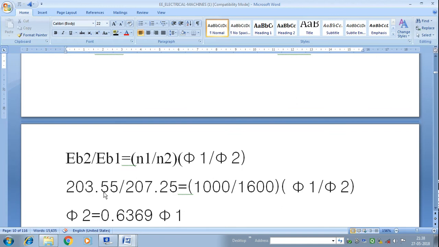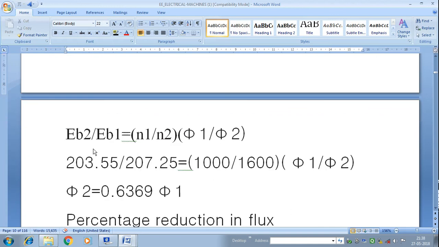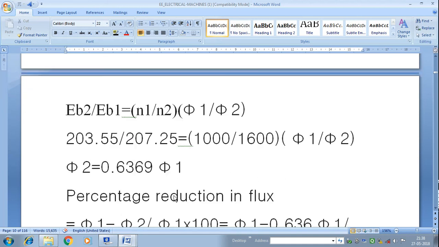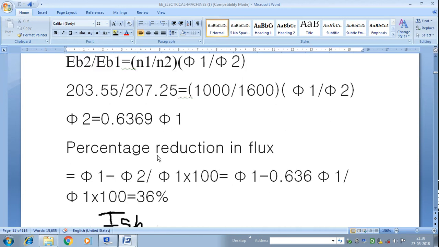Therefore, we have EB1 203.55 divided by EB2 207.25, and N1 1000 by N2 1600, and phi1 by phi2. Therefore, we can find out phi2 in terms of phi1. So, percentage reduction in flux is phi1 minus phi2 by phi1 into 100.